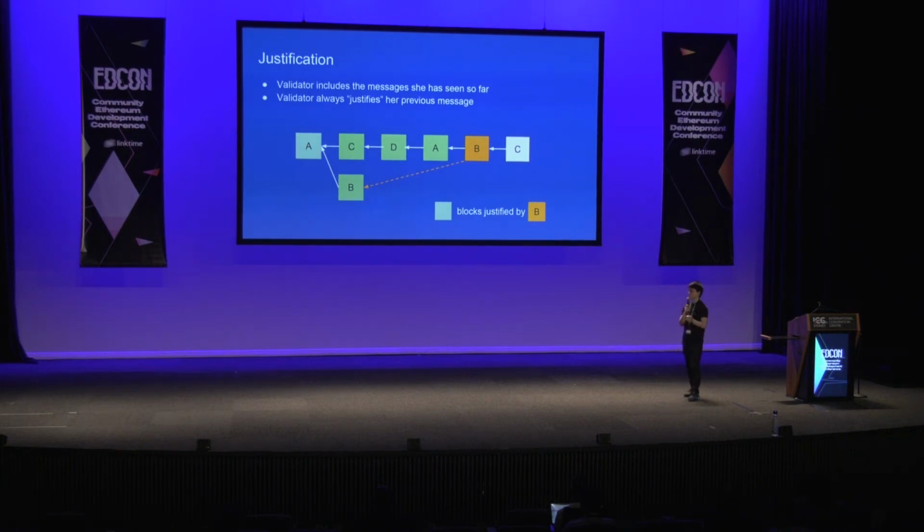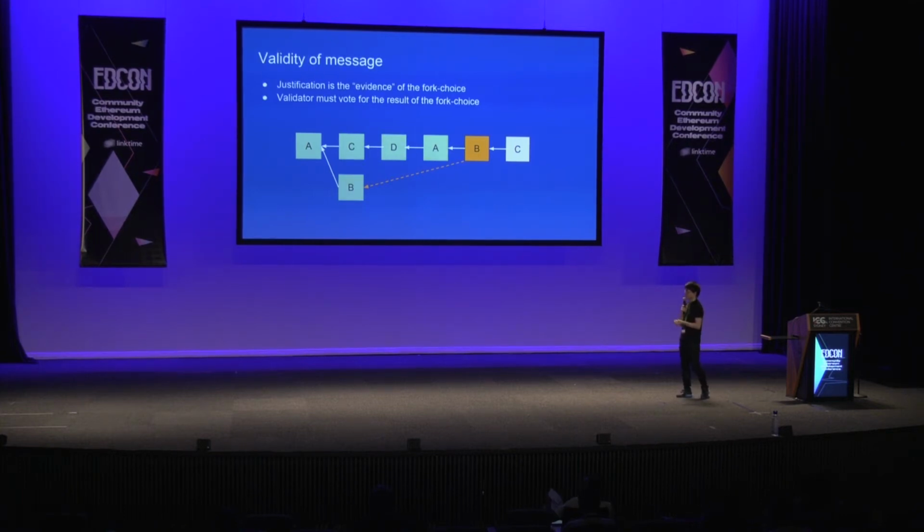Justification is the set of messages which the sender has seen so far. So in this figure, the yellow block by validator B is justifying the green blocks. And in normal protocol execution, a validator must justify every message he has sent so far.